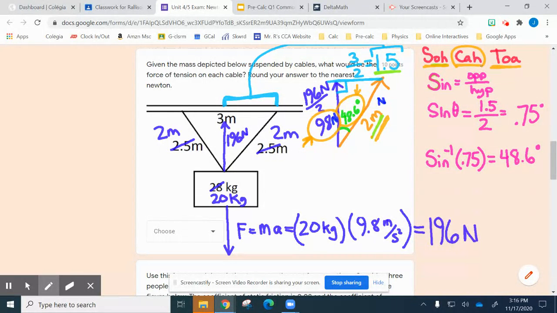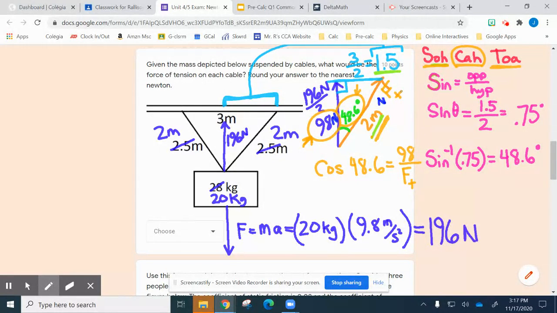What we needed to do was find the angle, and we did. So now we're going to say the cosine of 48.6 equals the adjacent, which is 98, over the force of tension. That's the hypotenuse. That's what we're trying to find right here, the force of tension on this thing.